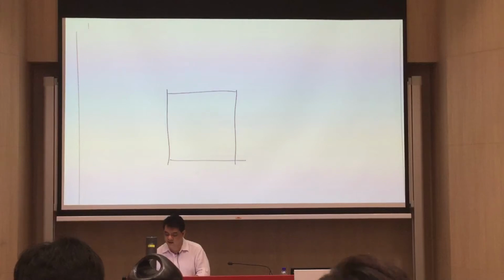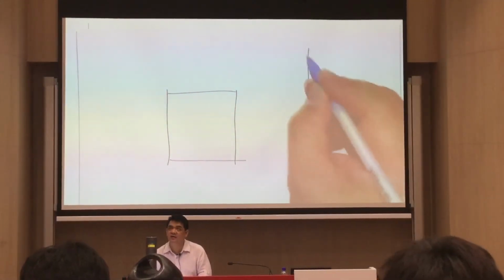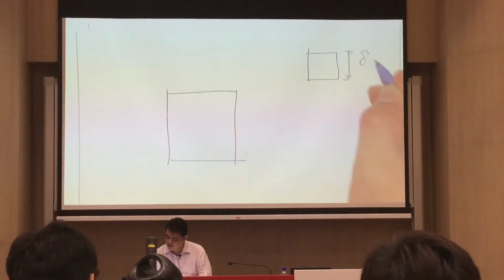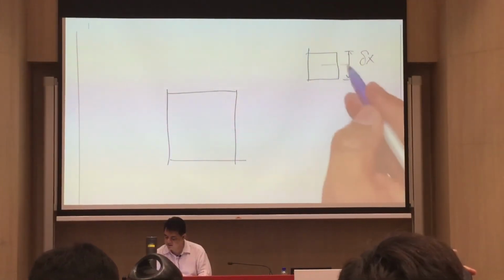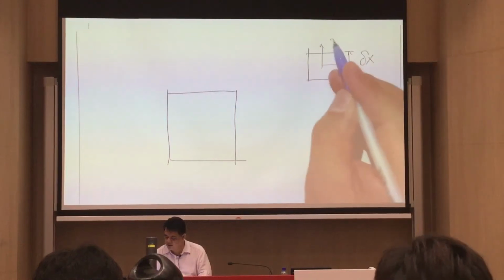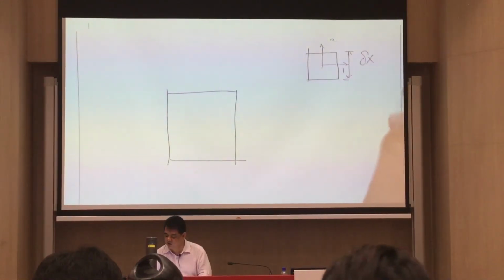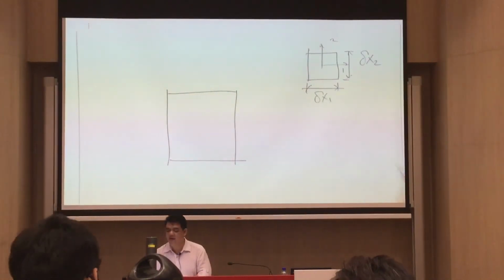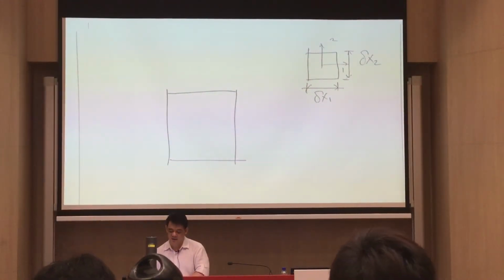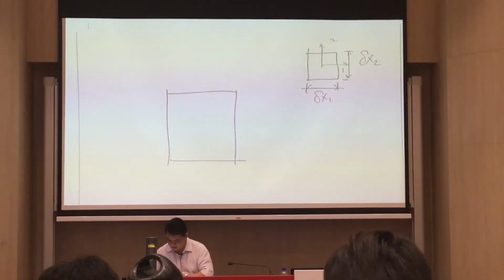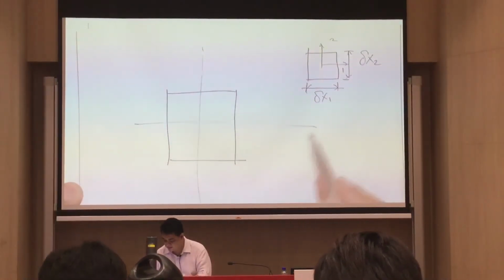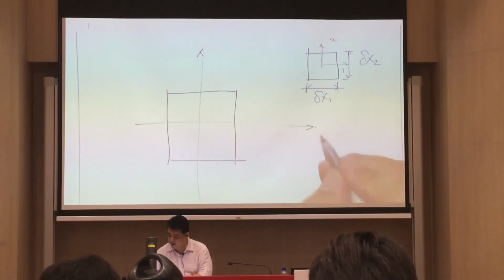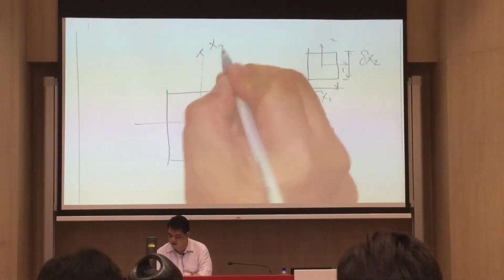So we have this element, yes? And again, knowing that this one will be delta x, so that's 1 and 2, or x1, x2. This one is delta x2, and this one will be delta x1. So that will be x1 or 1, and that is x2.